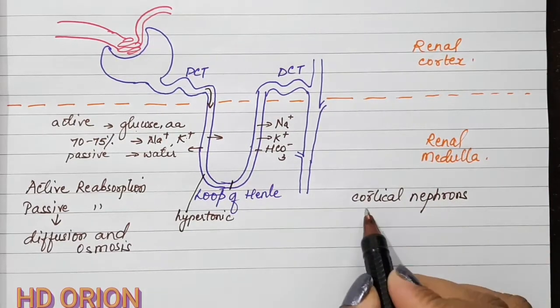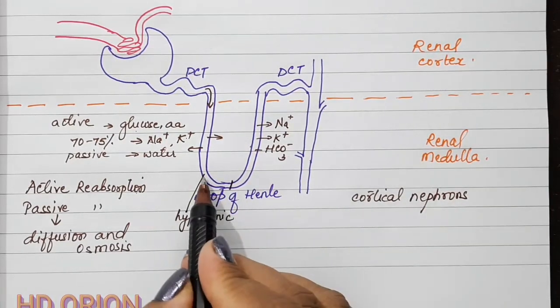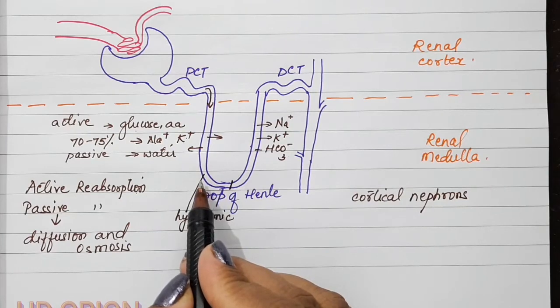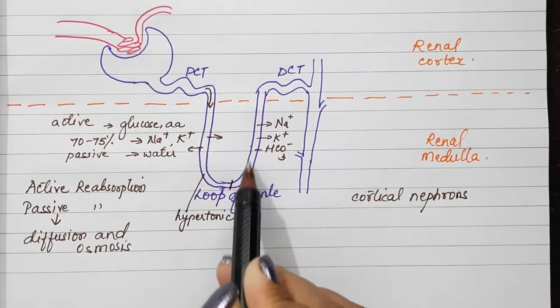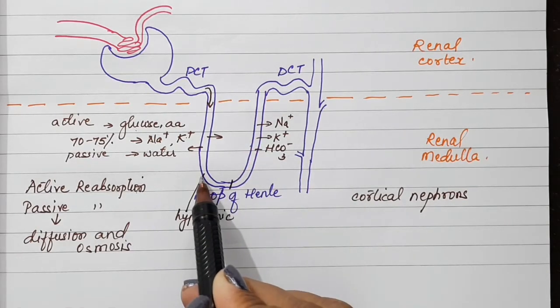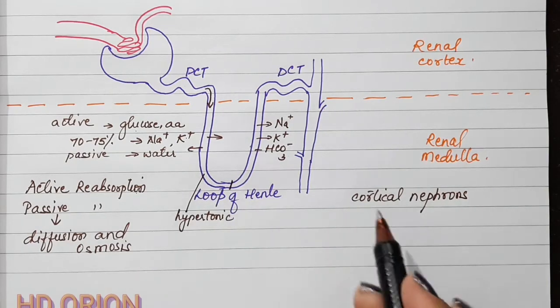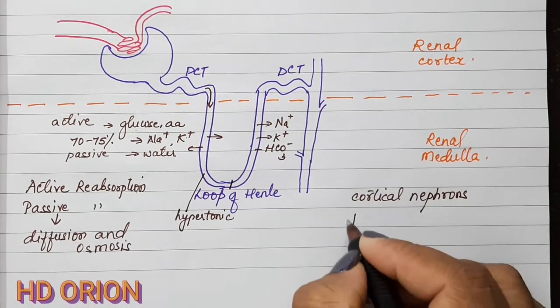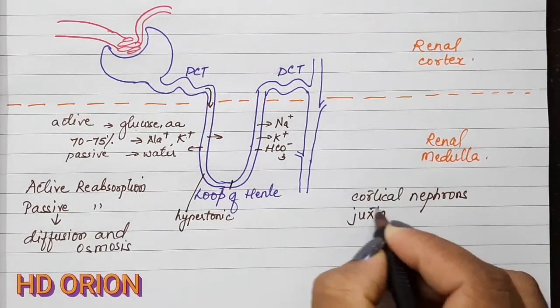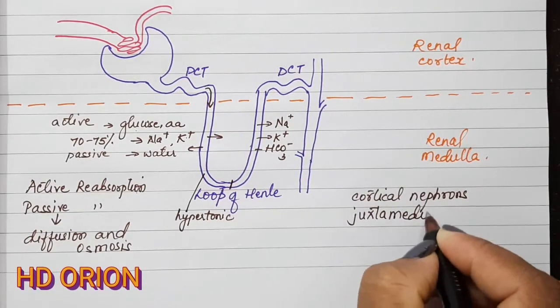In such organisms, much water reabsorption is not required. This is usually in aquatic organisms because the loop of Henle is meant for the reabsorption of water only. But in terrestrial organisms like us and all the other animals which are living in desertified areas, they have juxtamedullary nephrons.